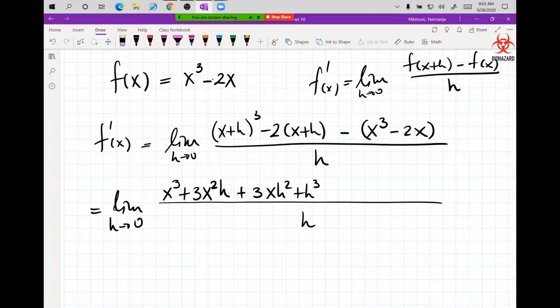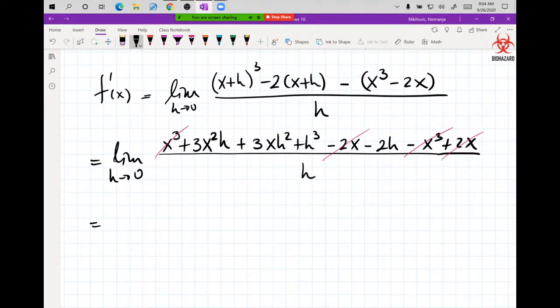All right, so that's that, and then minus x cubed plus 2x. Oh, I forgot this term. So minus 2x minus 2h, and then minus x cubed plus 2x. There we go, much better. So now the negative 2x and the positive 2x, negative x cubed and positive x cubed cancel.